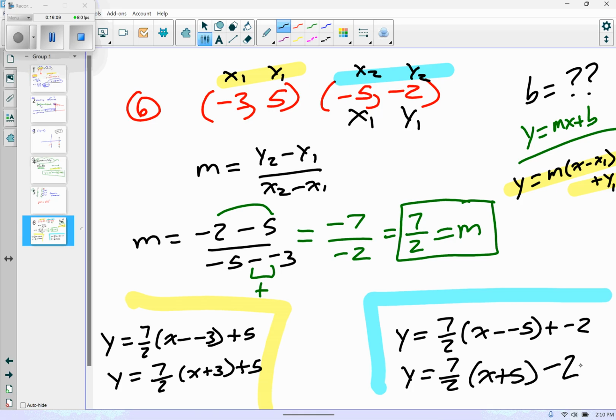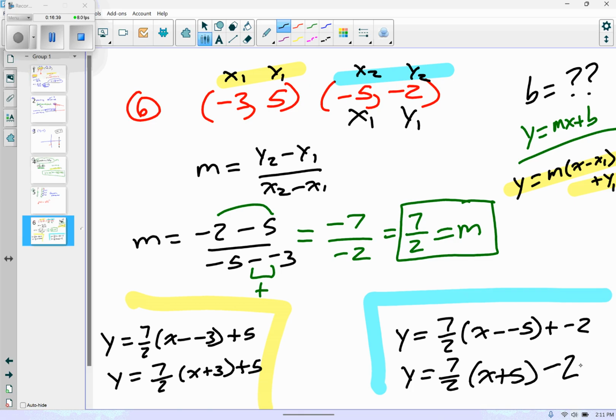All right. So, my friends, here's kind of the debacle. Okay? This is where sometimes when you're in school, you're like, how can I get 2 answers? Well, the problem is this answer here and this answer here, if I like distributed 7 over 2 over the parentheses and then combined 21 over 2 with 5, and I combined 35 over 2 and subtracted 2, I actually get the exact same answer.